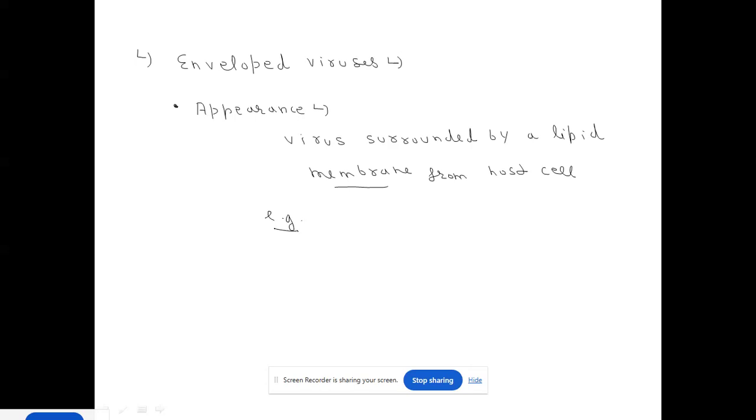Examples are influenza virus, HIV. HIV is human immunodeficiency virus.